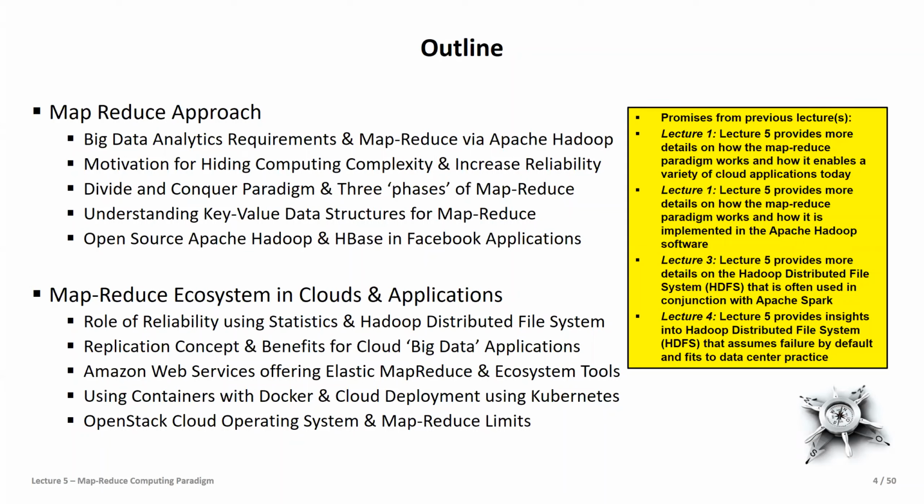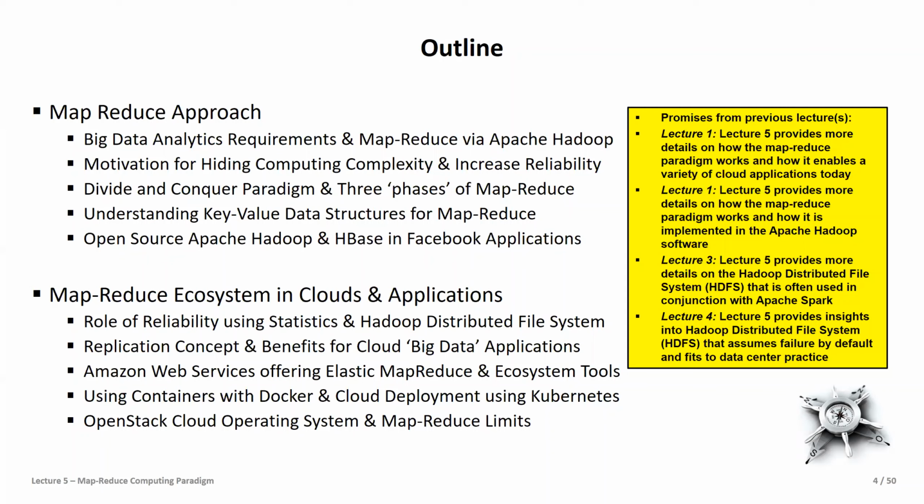Then in the second part, following the first part here, we will talk more about the larger picture. If you think about that, MapReduce is, let's say, one key brick in a big Lego house, if you want. You could see that there's a big ecosystem in cloud built around MapReduce, not only about the computational aspects of mapping and then reducing tasks, but also the Hadoop distributed file system that is actually everywhere in these different so-called Apache stacks or big data analytics stacks, as they're sometimes called.